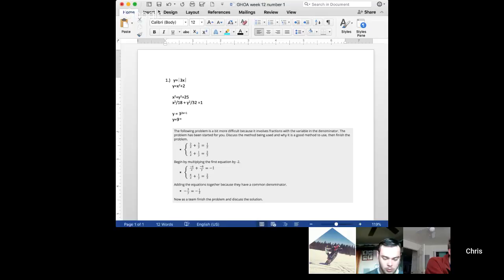What was it? Darn, I can't remember how to. There's a simpler way to do it, but I can't remember. Oh, you can also graph them and find where they intersect.